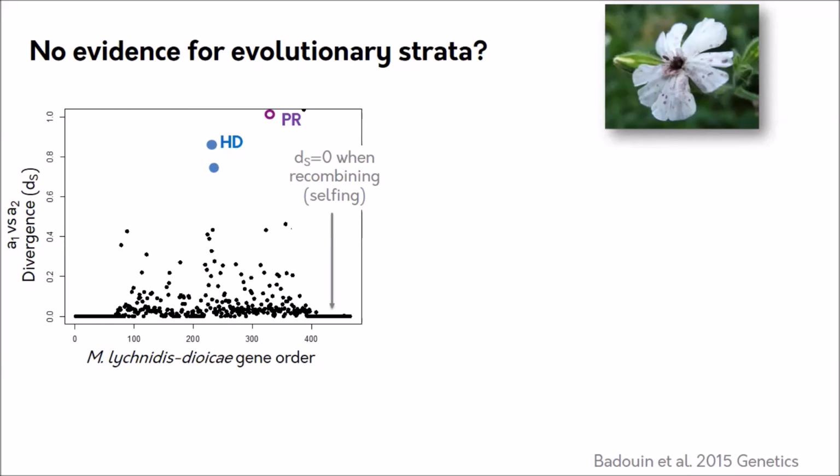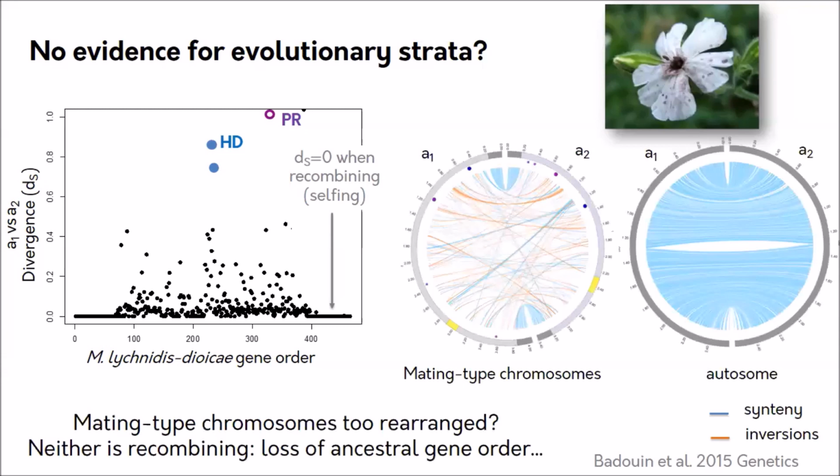But the difficulty here is that actually it's not like in the X and the Y system, where the X chromosome still recombine, so keep the ancestral gene order, so you can trace back the history of evolutionary strata. Here, the two mating type chromosomes, none of the mating type chromosomes ever recombine. They are both always heterozygous. So they both undergo rearrangement.